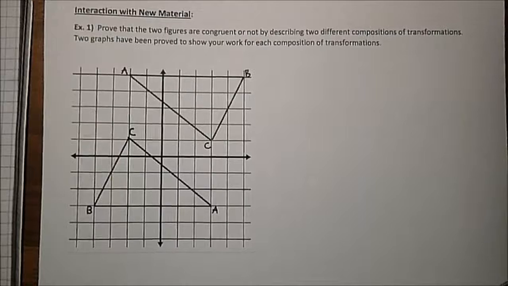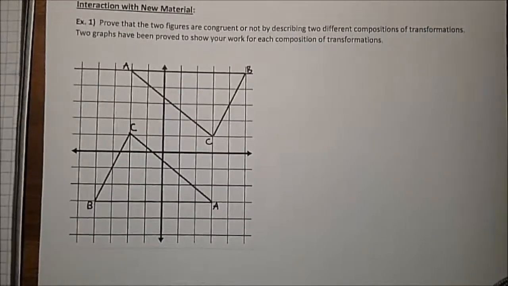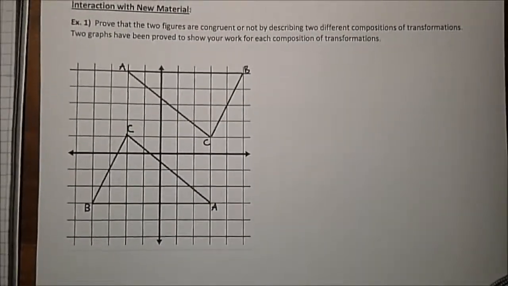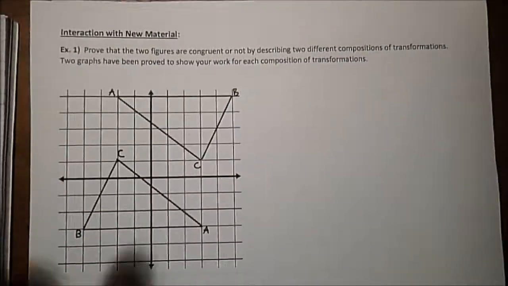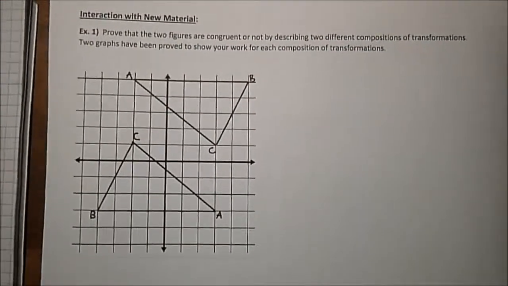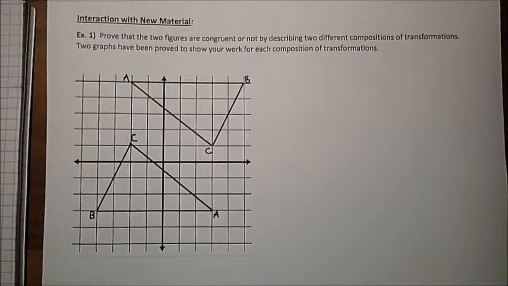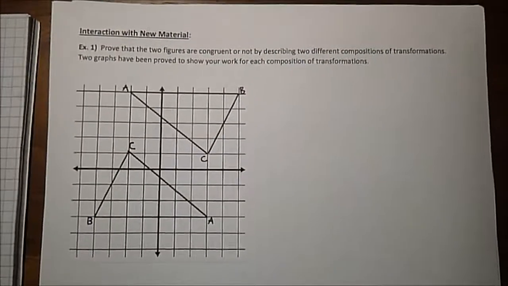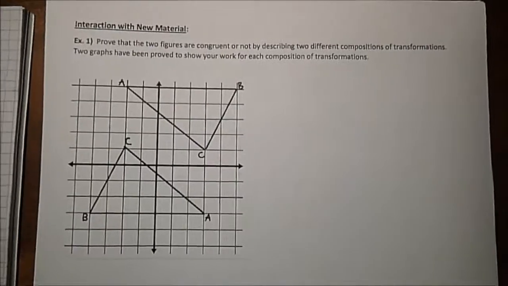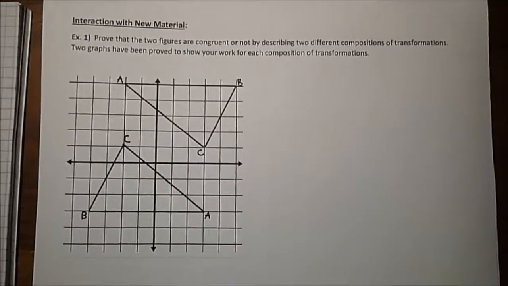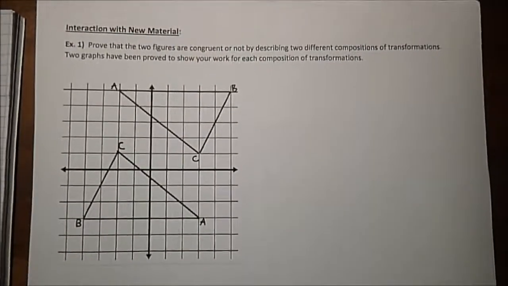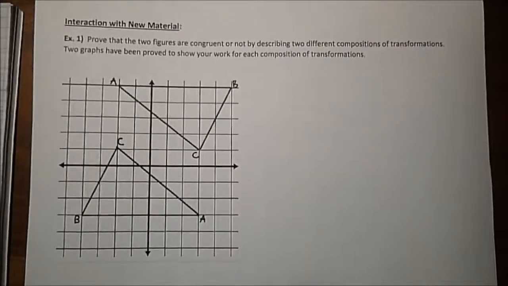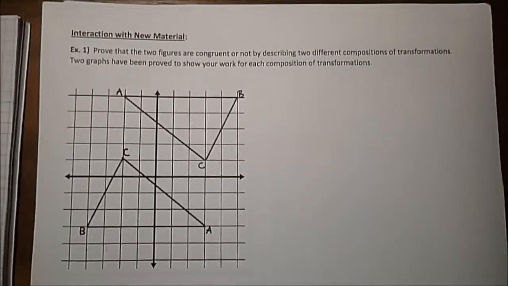So independently, take the next 3 minutes to come up with a series of transformations that will map one of these triangles onto the other. You should be using the table of coordinate values the same way we've practiced, as well as the graph to help you do this. Teachers, please set the timer for 3 minutes. Get started silently and independently.